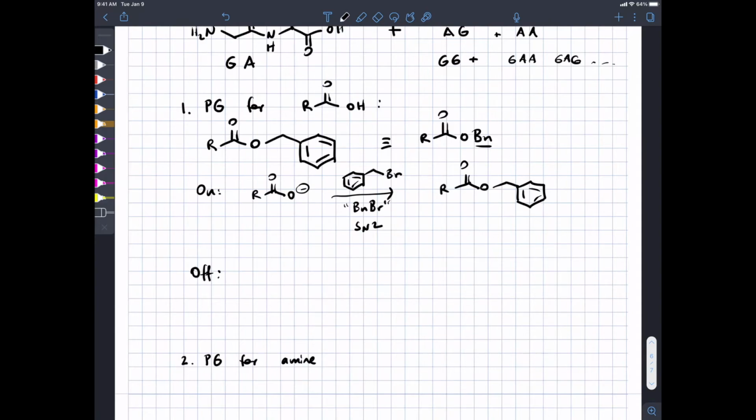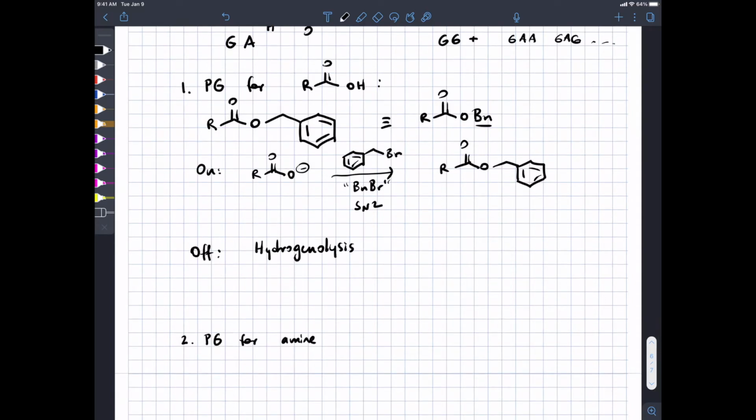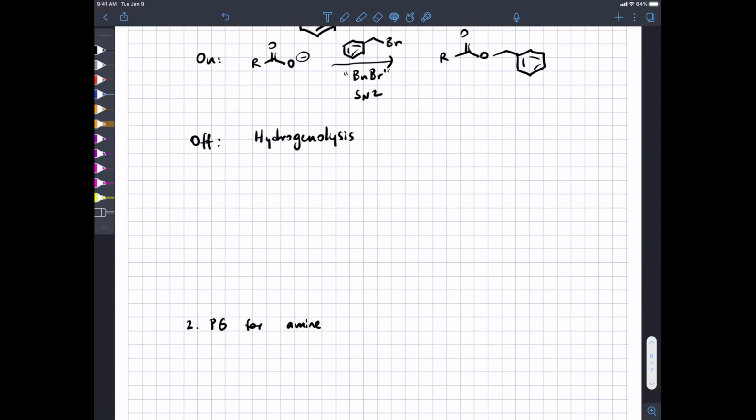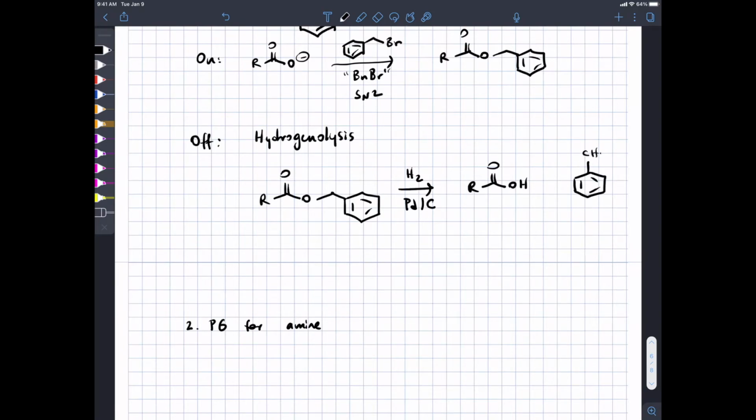Taking it off involves a reaction called hydrogenolysis. It occurs under exactly the same conditions as hydrogenation of alkenes, but you take the benzyl ester, and then with hydrogen and palladium on carbon, you liberate the carboxylic acid, and the benzyl part pops off of the molecule as toluene. So basically, you're adding an equivalent of hydrogen across this bond.